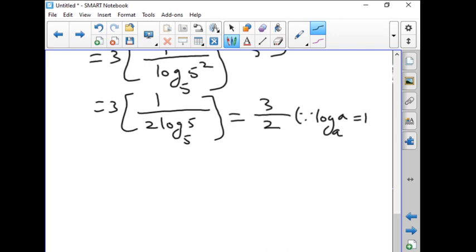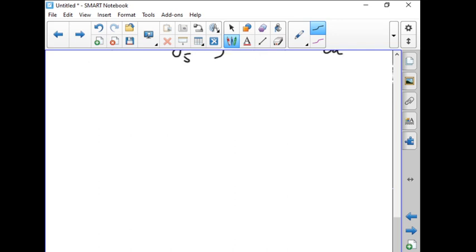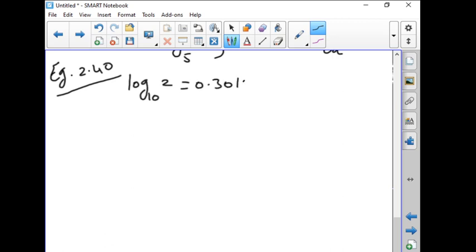Okay. So next we will see example 2.40. Given log 2 to the base 10 is equal to 0.30103 and log 3 to the base 10 is equal to 0.47712, approximate value is given.